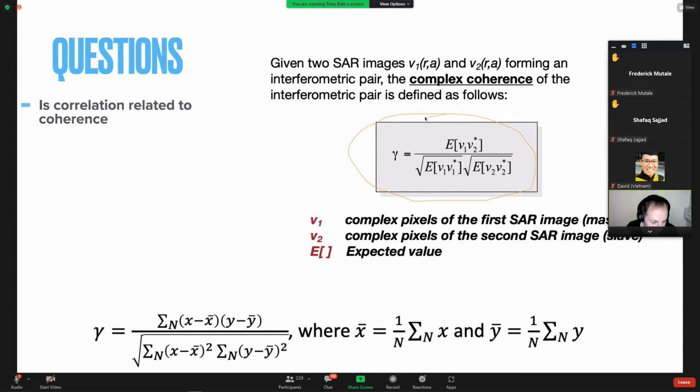The main difference between the two is that for the coherence, we use the complex data, which includes the phase. And so we use the complex conjugate multiplication to do that, which is at the end a subtraction of the phase. So at the end it's very similar to here.